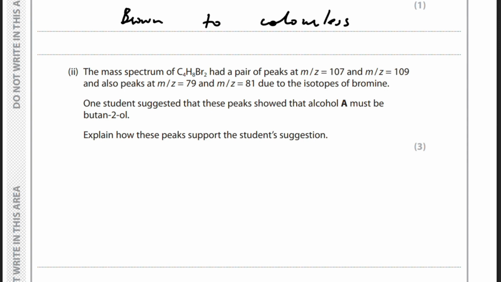So basically, if we identify the peaks, the 79 peak is due to the isotope of bromine 79, and bromine has two isotopes. Okay.